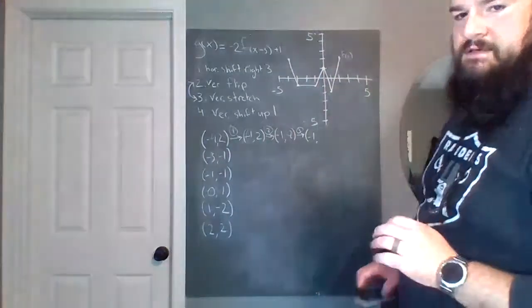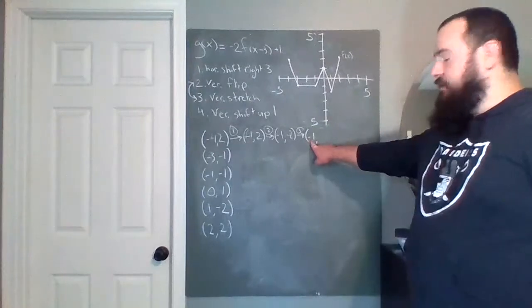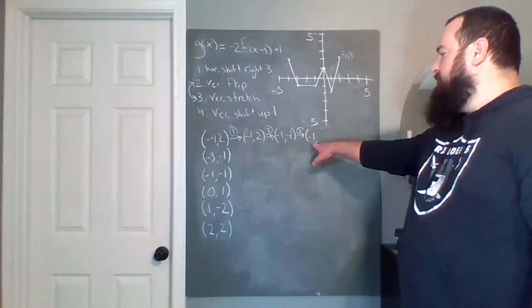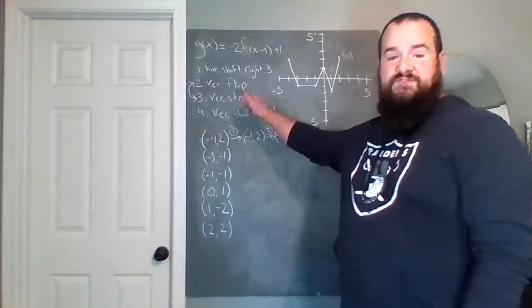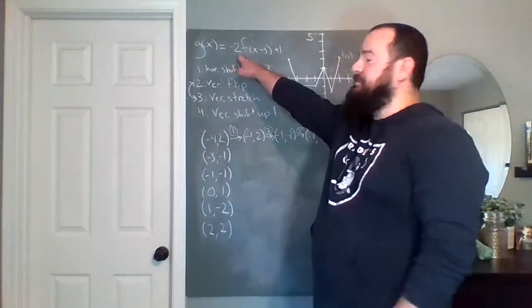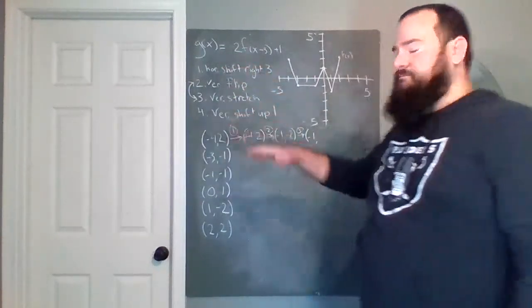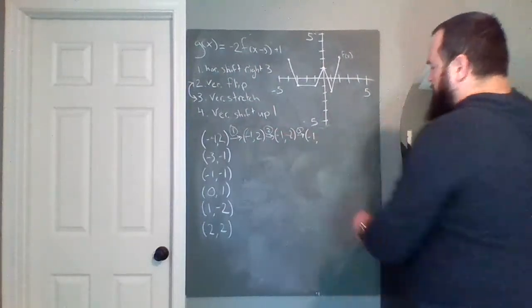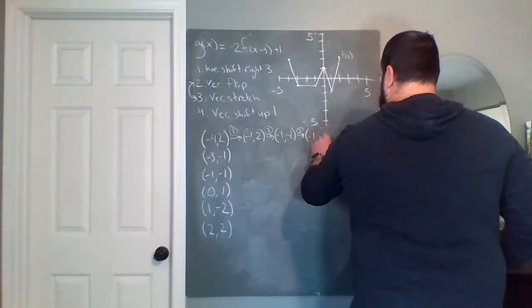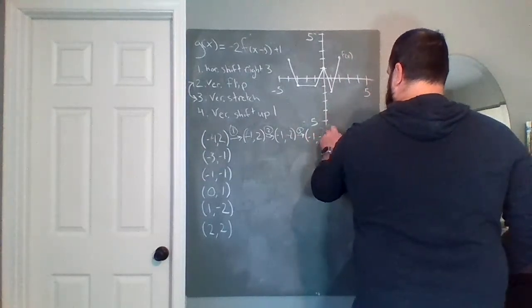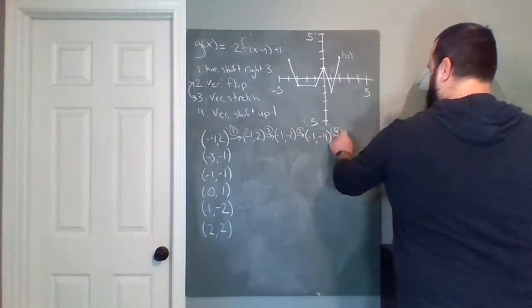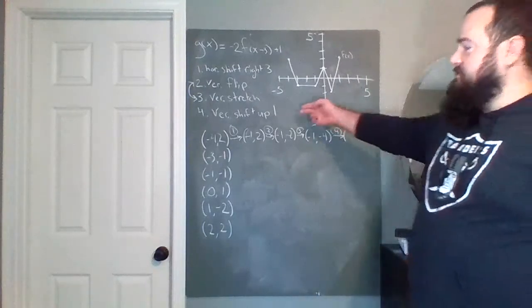Okay, so we know that our input isn't changed anymore, right? Because all of our remaining transformations are vertical. So for step 3, we're doing a vertical stretch. Because we're multiplying the output by 2, we just take whatever the output was and multiply it by 2. So -2 times 2 gives me -4. And lastly, our last transformation is a vertical shift.